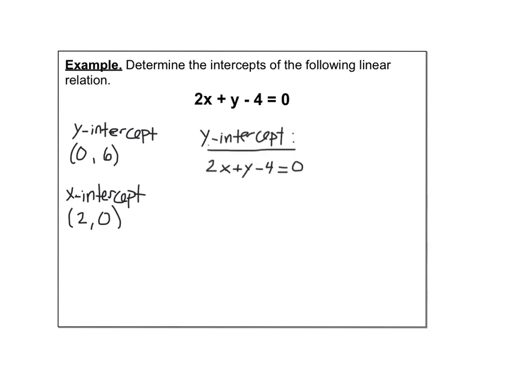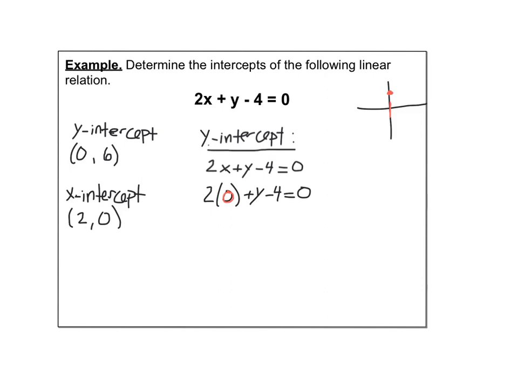So I'm going to solve for my y-intercept first. To do that, I'm going to substitute a value of 0 for x, because if you remember, when our point crosses the y-axis, our x is 0. So I'm putting in a 0 for our x value, and then I'm just going to rewrite the rest of the equation.